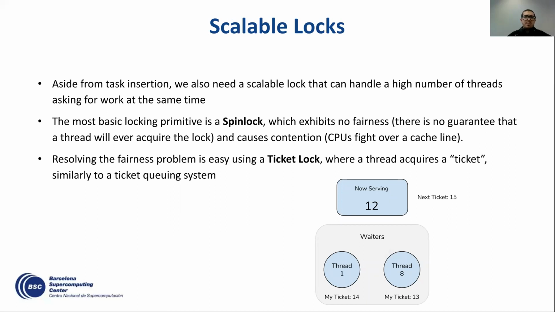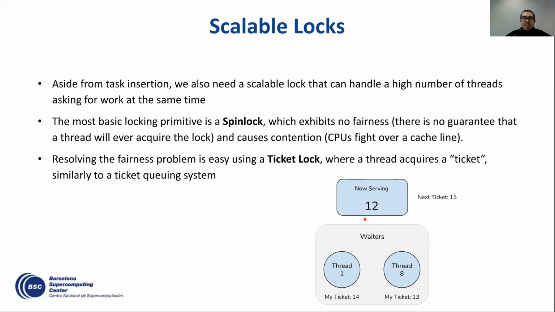To solve the fairness problem, we can have a ticket lock, for example, where we have an atomic counter that each waiting thread will increment to obtain a ticket. So it will grab a ticket from the next ticket counter. And another that determines what thread can enter the lock. So the now serving counter, let's say.